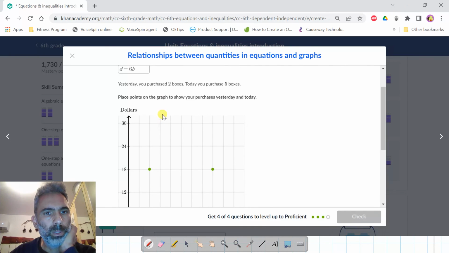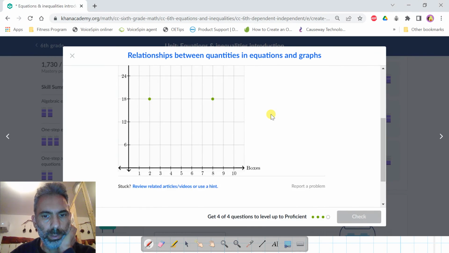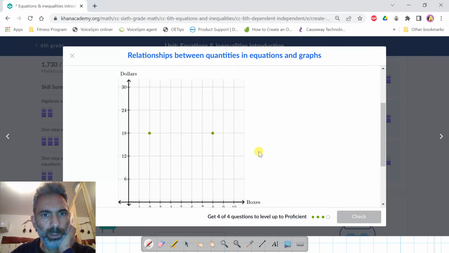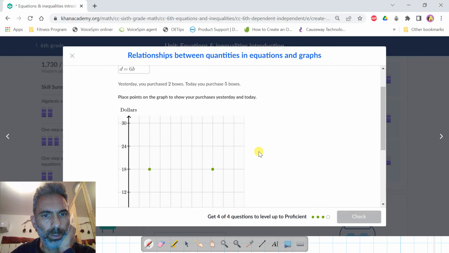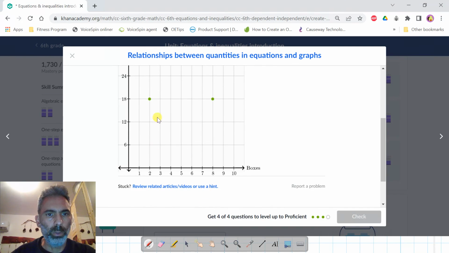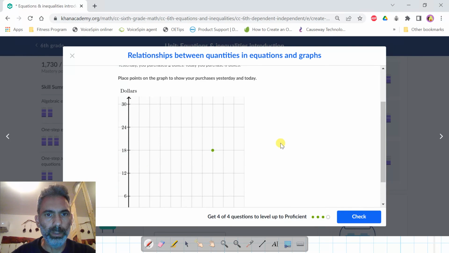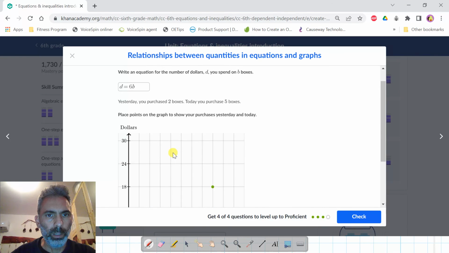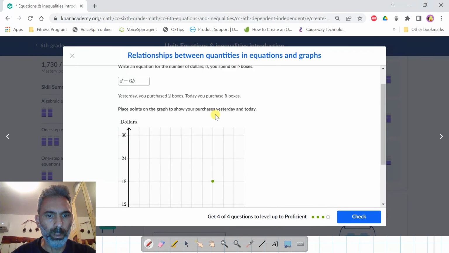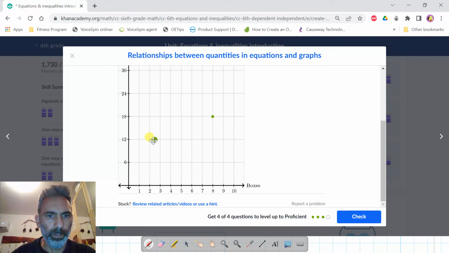Yesterday you purchased 2 boxes. So the x-axis represents the number of boxes you purchased, and y is the number of dollars you spent. So if you bought 2 boxes, it means you need to spend 2 times 6, because each box costs $6, so 2 times 6 is 12.